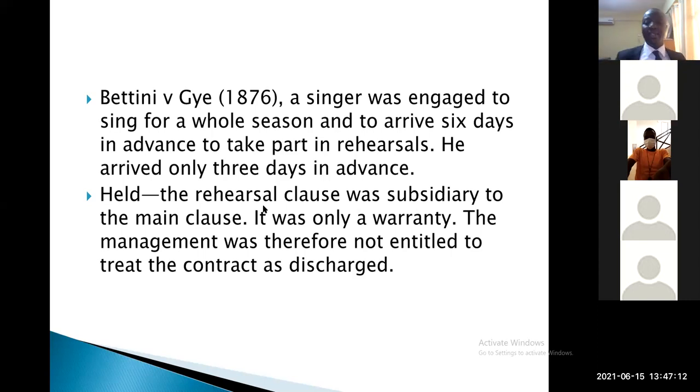If it is, then clearly by not arriving within the stipulated time, he was in a clear breach of his contractual obligation. On the other hand, if it is not, despite the fact that there has been a breach, it will not lead to repudiation or termination of the contract.